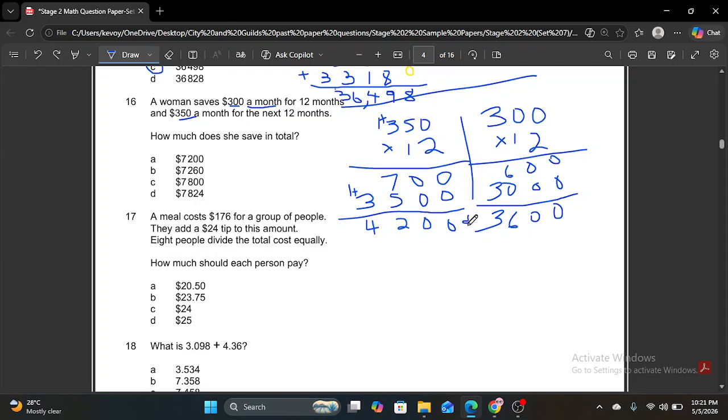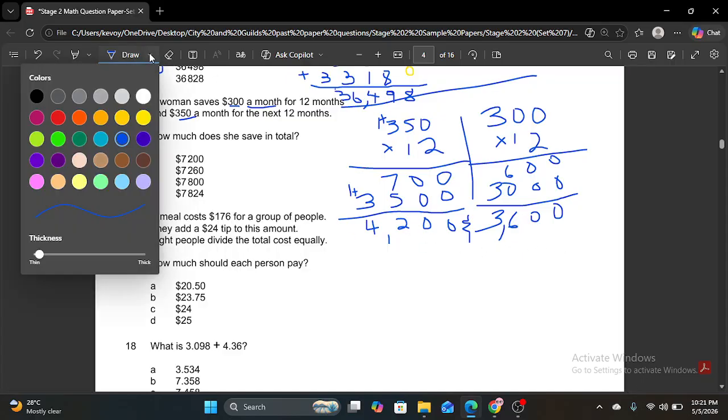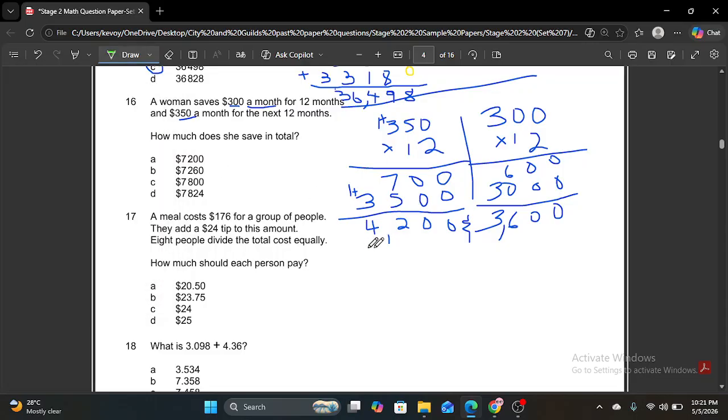So we have 4,200 and 3,600. So we add them together. Well, let me just put it down here and not confuse anyone. So 4,200 plus 3,600.